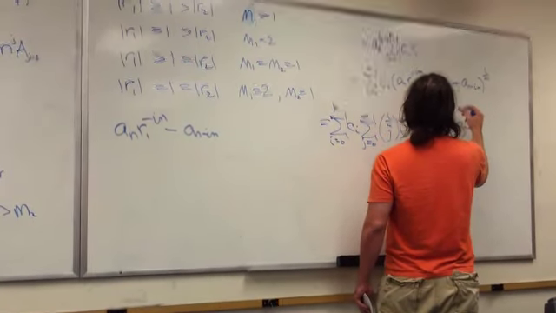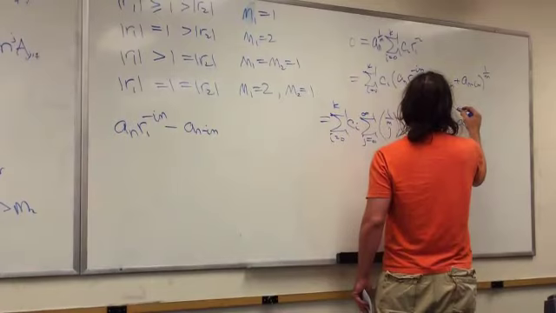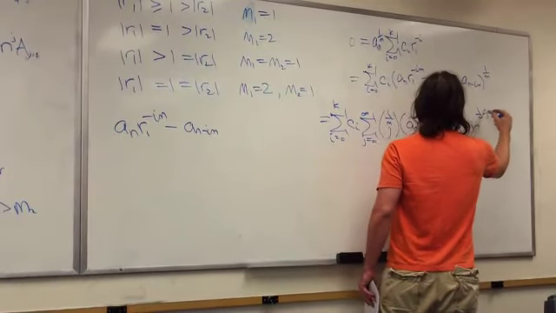This would be to the j, and this is to the 1 over m minus j.